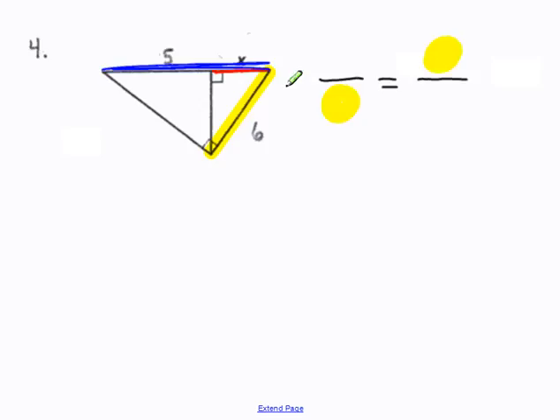Okay, so I'm going to use 6. That's the short leg of the triangle. Now, I have to have the short side of the hypotenuse, which is x. And I need the whole hypotenuse, which is, look at that, it's x plus 5.